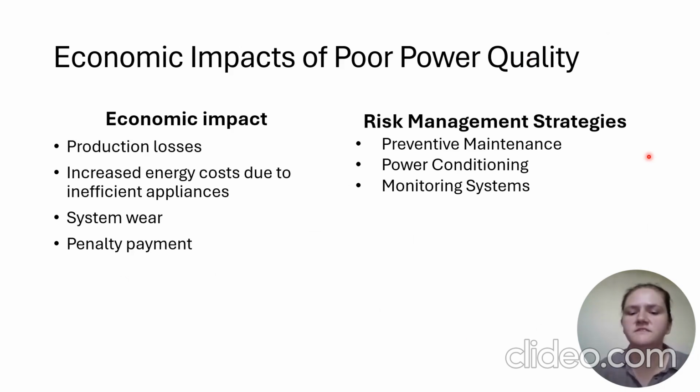To prevent all this or to save costs over a long time span, we need risk management strategies, which also include preventive maintenance, like the equipment must be inspected more regularly. We need power conditioners like the UPS, harmonic filters, and monitoring systems, and we can monitor the system with IoT.